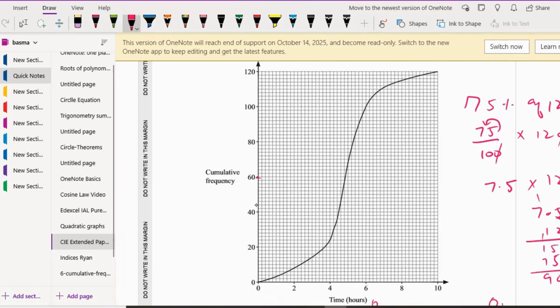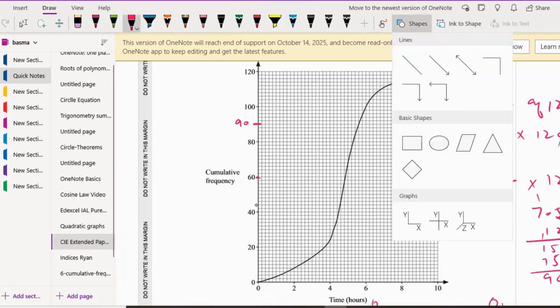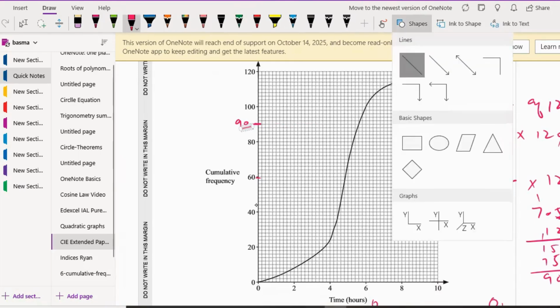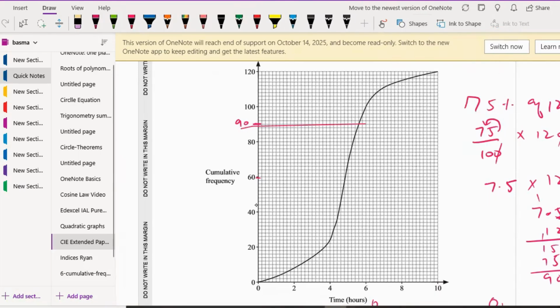This is 80 and 90, 1 2 3 4 5. This point is 90. So we get the upper quartile. We'll draw the line from here.